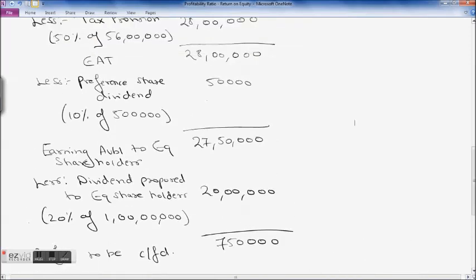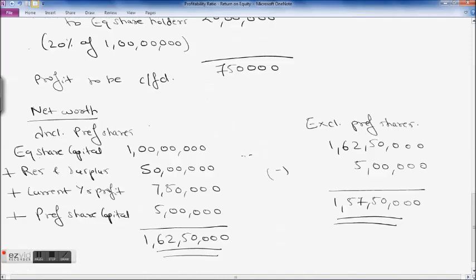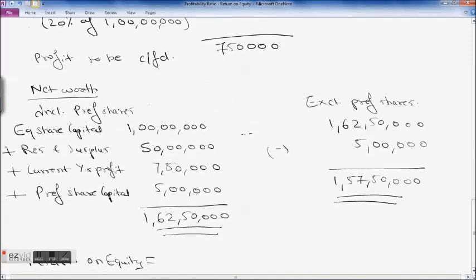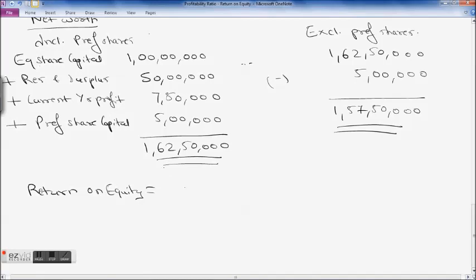So how much is earning after tax? 28 lakhs divided by 1,62,50,000 into 100, so it comes to 17.23%.